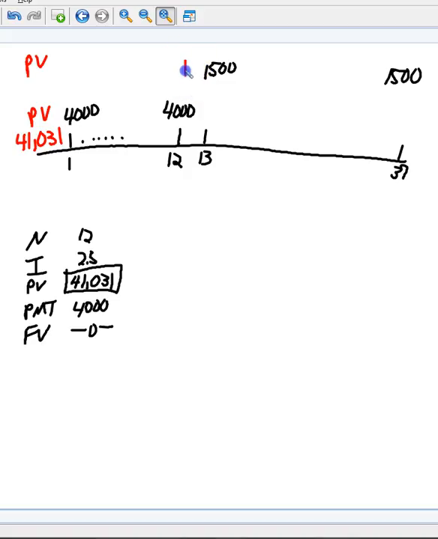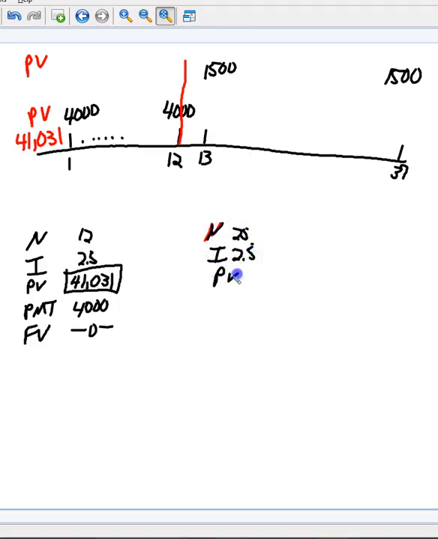Now, what's going to happen on the $1,500 is that we need to figure out when those start, and what's the present value of that? So $1,500 for 25 quarters. So N is 25, I 2.5.